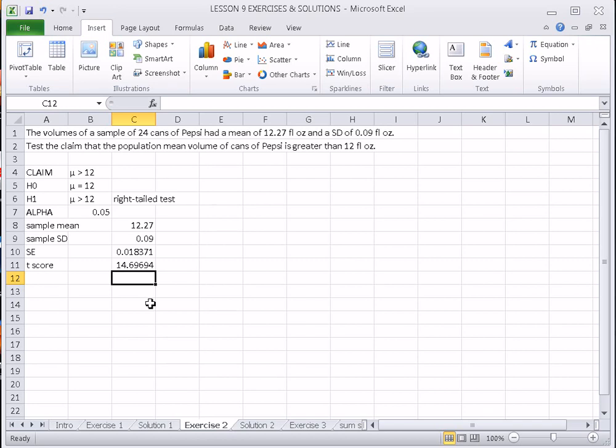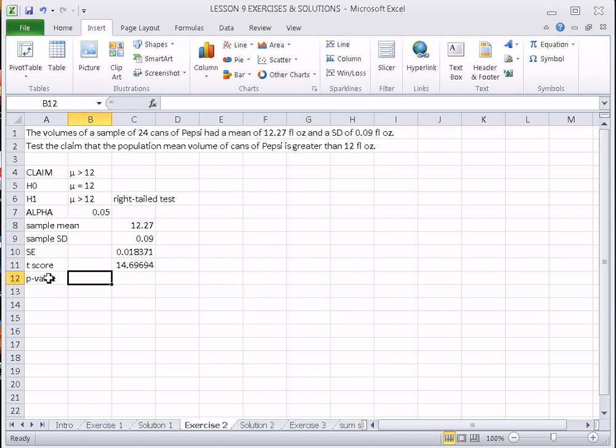Almost 15. The t-score is equivalent to a z-score in that it is the number of standard deviations away from the mean, assuming that our mean is 12 in this case. We're saying here that it's over 14 standard deviations away from the mean. That is extremely far away, so this is going to have an extremely small p-value.